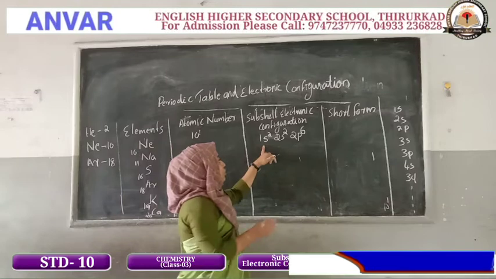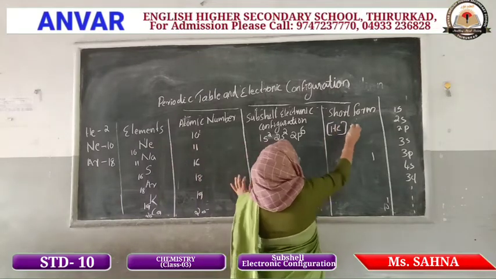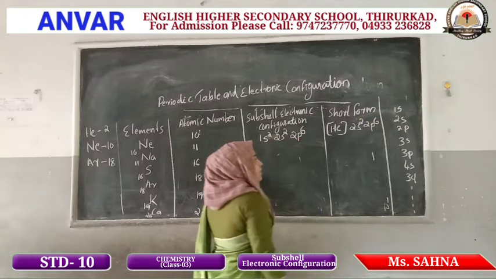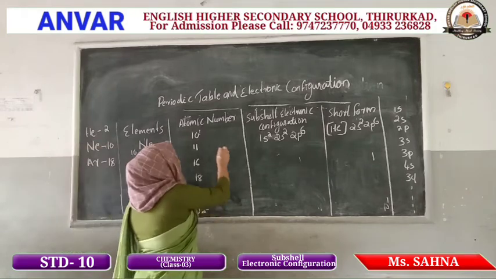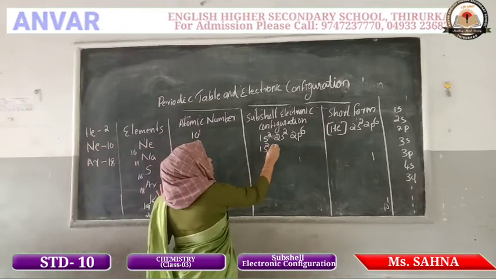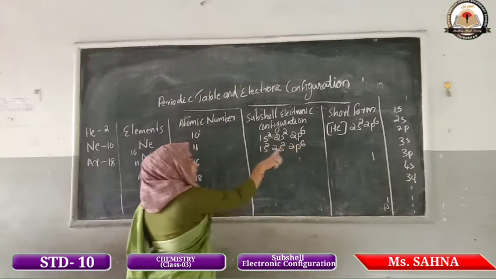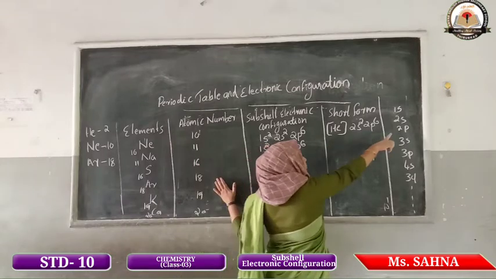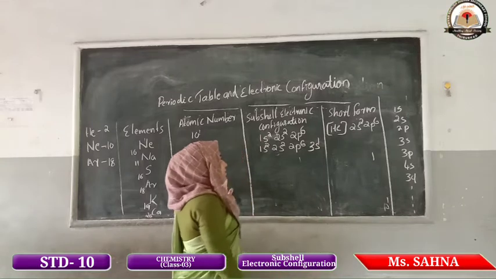And how do we write the short form? Helium, then 2s2, 2p6. Next, sodium: 1s2, 2s2, 2p6. 10 electrons are filled. Then which subshell comes after 2p? 3s1.